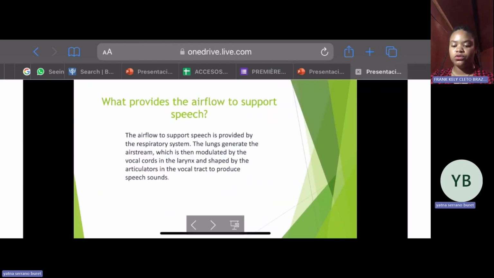The airflow to support speech is provided by the respiratory system. The lungs generate the airstream, which is then modulated by the vocal cords in the larynx and shaped in the vocal tract to produce speech sounds.